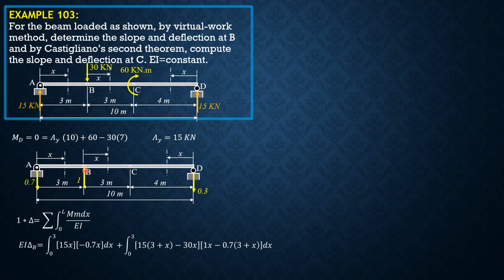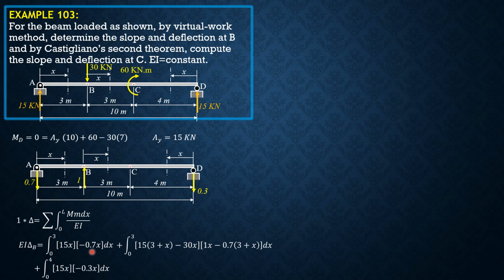So again, 1 times x positive, then minus 0.7 times 3 plus x. That's it. Then in this section here, remember positive moment is counterclockwise this time. 15 times x, then due to small m, negative 0.3 times x. So plus integral 0 to 4 of 15x times negative 0.3 times x dx.